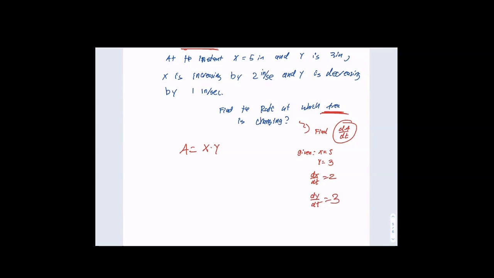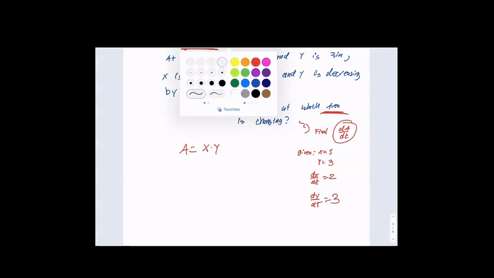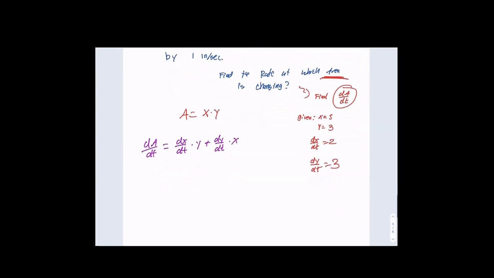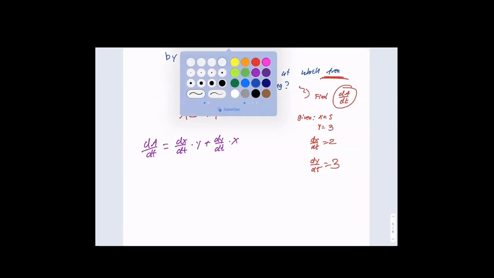So now I want to find dA/dt. To find dA/dt, I need to find its formula. Well, we've done that. We spent all of class just finding the formula. So dA/dt, and for the purposes of moving on, because I only have less than 2 minutes, it's dx/dt times y plus dy/dt times x, just substituting the x for L and W for y. And finally, what am I going to do?